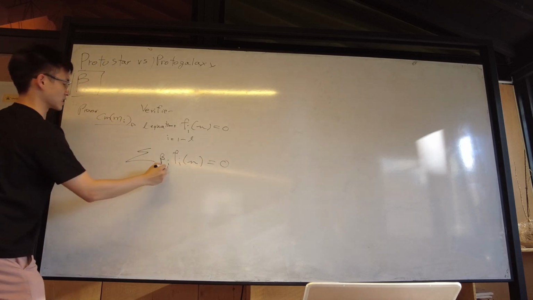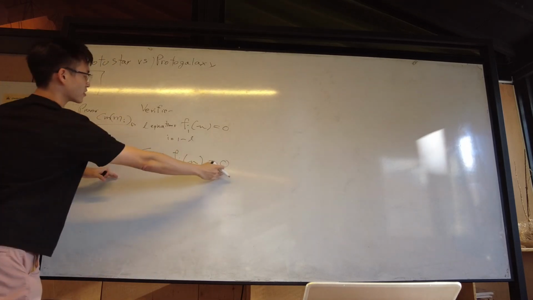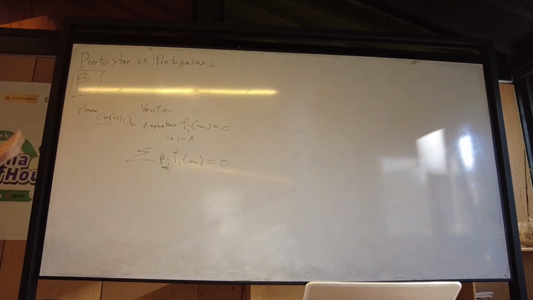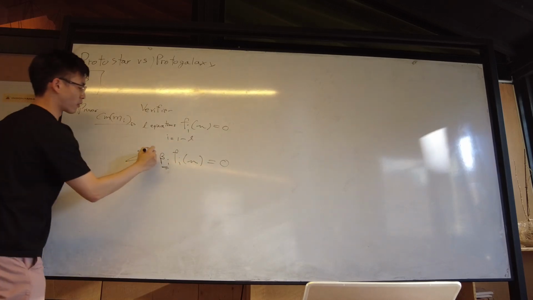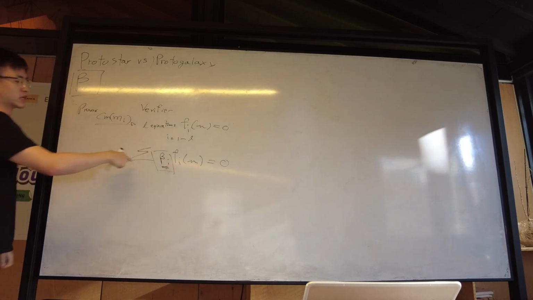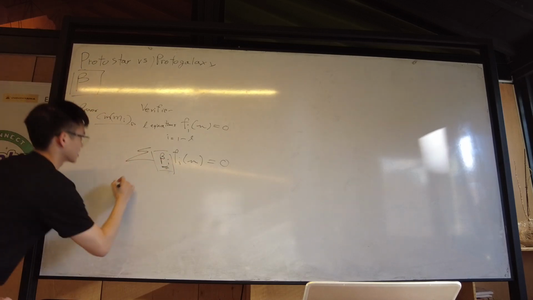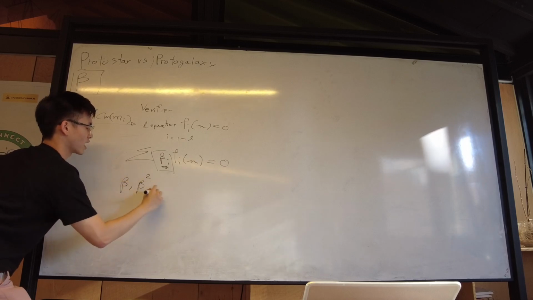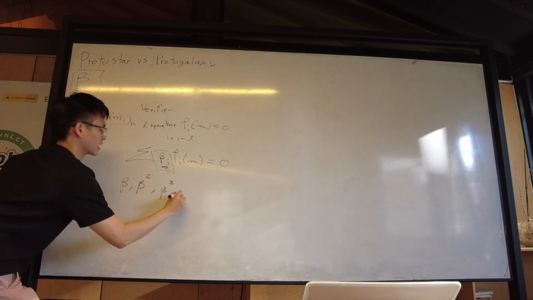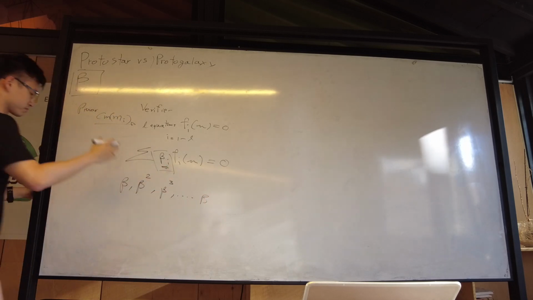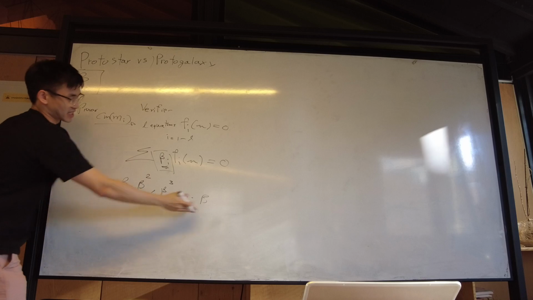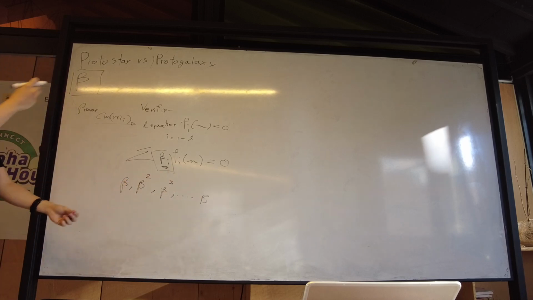The coefficients are picked randomly, so that if this is 0, it means you proved the L equations. The way Protostar makes this a lot easier is that instead of providing L random betas, they can just provide beta, beta squared, beta cubed, and so on, and treat this as random as well. But Protostar goes a bit further.